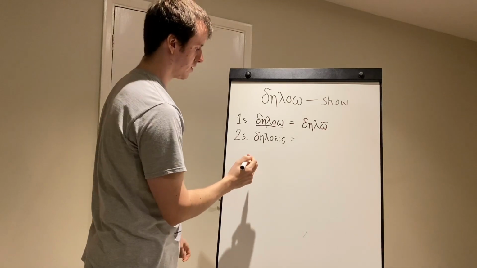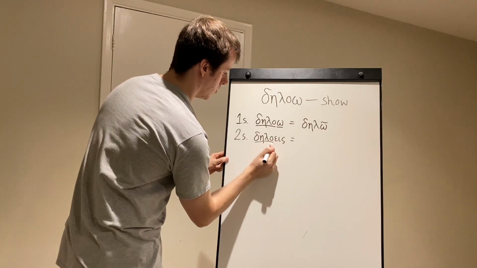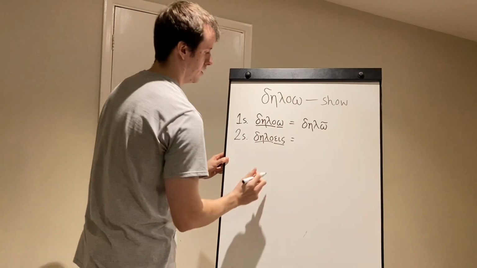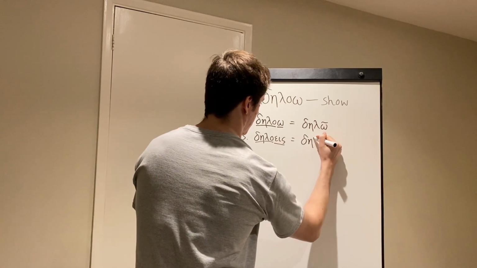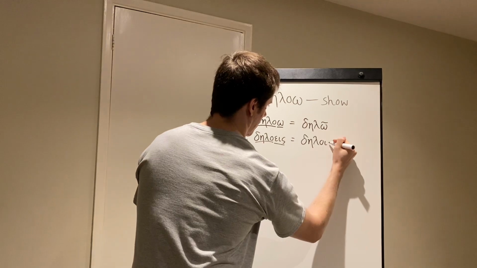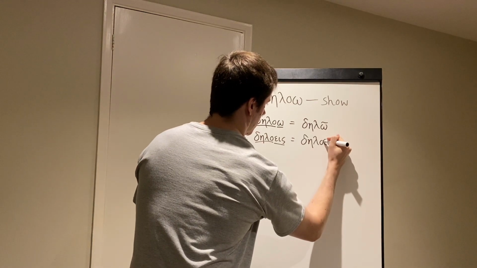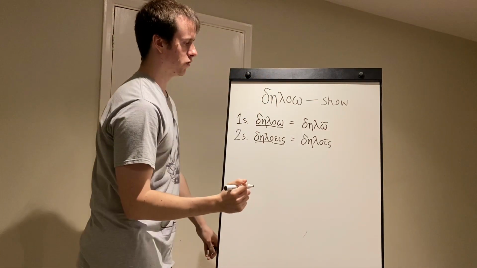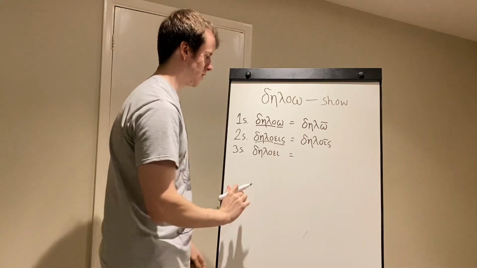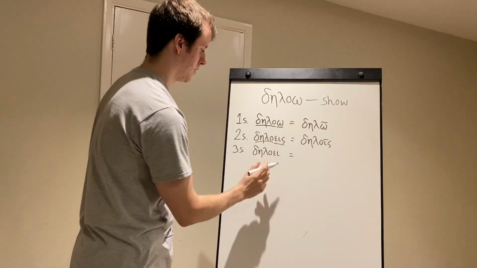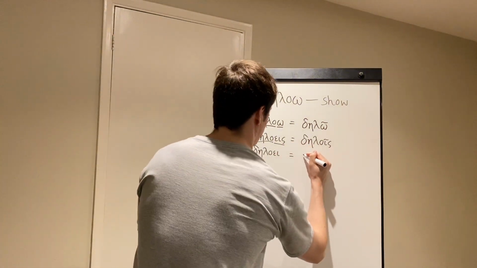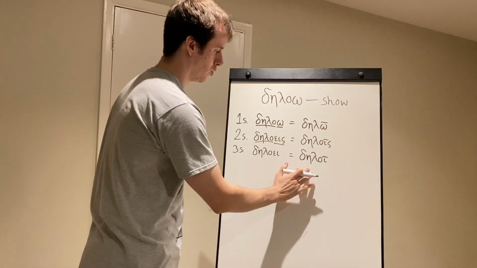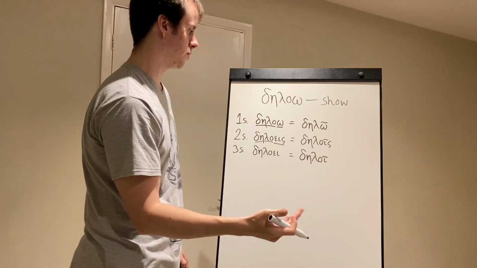In the second person singular, the stem dēlo plus eis results in the contracted form dēloīs, meaning you singular show or you singular are showing. In the third person singular, you have dēlo plus the person ending ei, which results in the contracted form dēloī. And dēloī means he, she, or it shows or is showing.